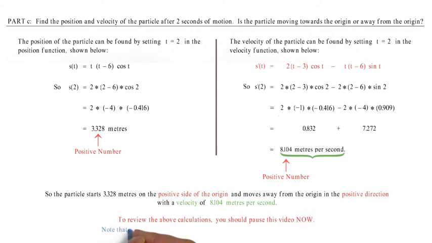Note that using the TI-84 calculator, cos 2 equals minus 0.41623 and sin 2 equals 0.90930.